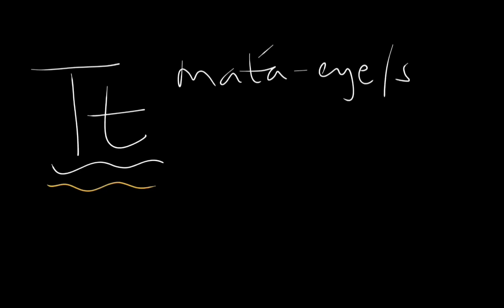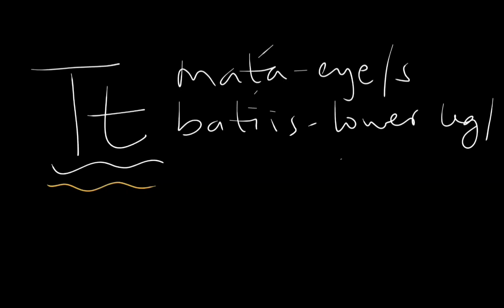Now here are examples of native Hiligaynon words with the consonant ta in the middle. We have mata to mean eye or eyes. We also have batiis, meaning the lower part of the leg or the calf of the leg.